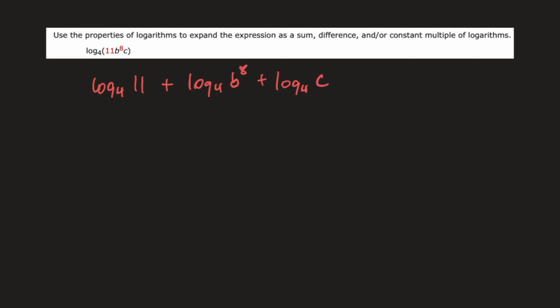One other thing you should do is use the power rule of logarithms and take this 8 and move it in the front as my coefficient. So the final answer should be log base 4 of 11 plus 8 log base 4 of b plus log base 4 of c.